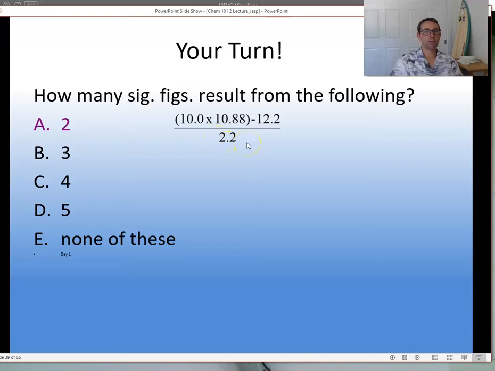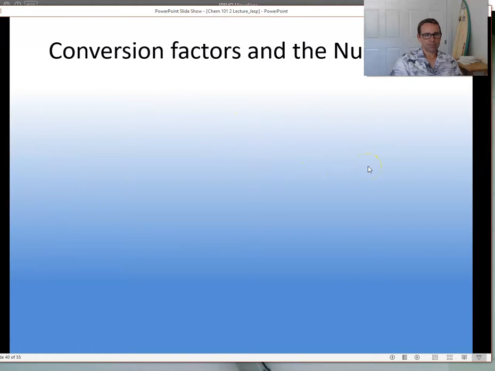But we didn't know if it was going to be 1, right? Oh, I see. So it was possible that this business up here, especially if we subtracted enough that we went down to a single significant digit, the answer would just be 1 significant digit. Oh, okay. But you're right. When you saw that 2.2, and maybe you knew that division was going to be the last thing we did, you knew that the answer was not going to be any more than 2 because of this only having 2 significant digits. Okay. Good.